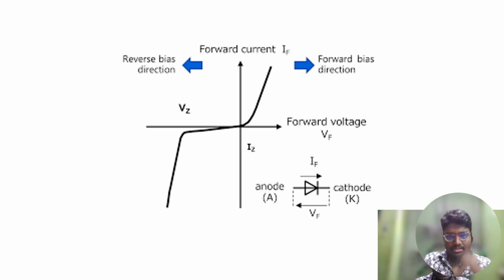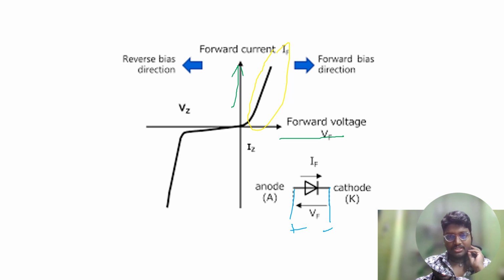Whenever you connect the elements in forward bias, that means here P is connected with plus and N is connected with minus, you will get the characteristics like this. The graph shows that as V increases, I also increases.